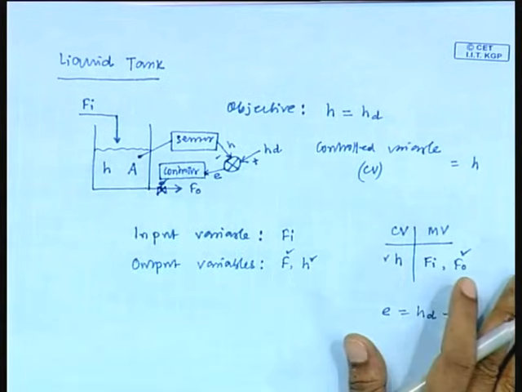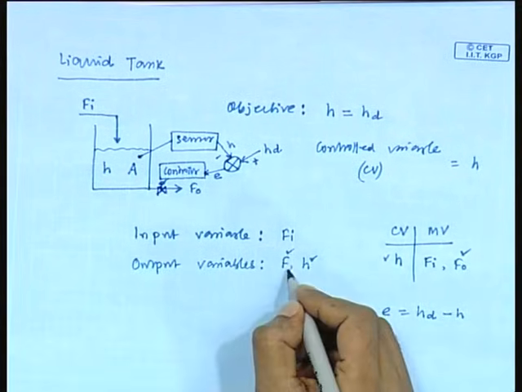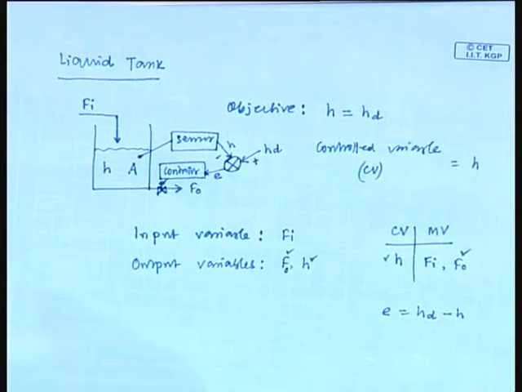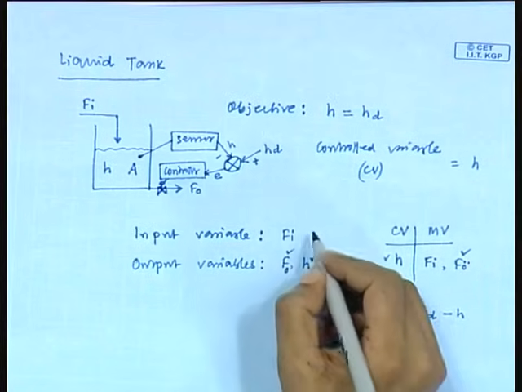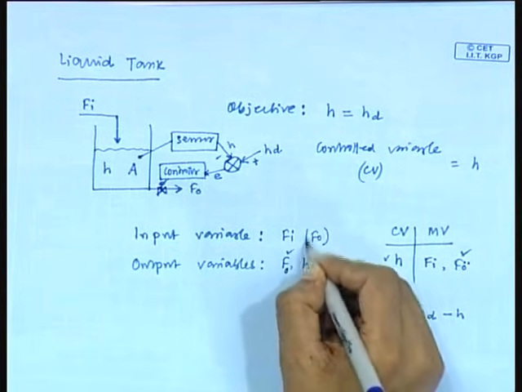Now, can you tell me, is F naught an input variable or output variable? You see the classification, is the manipulated variable under input variable or output variable? Input variable. So, if we consider F naught as the manipulated variable, then F naught is input variable.